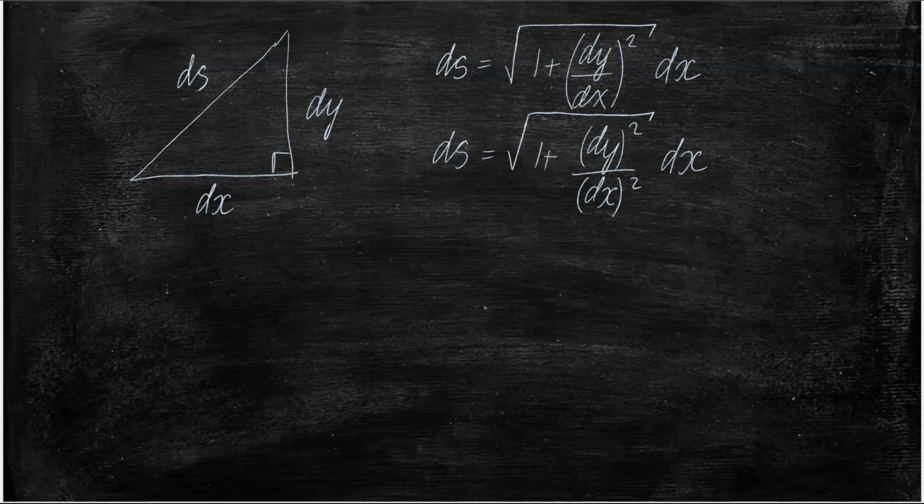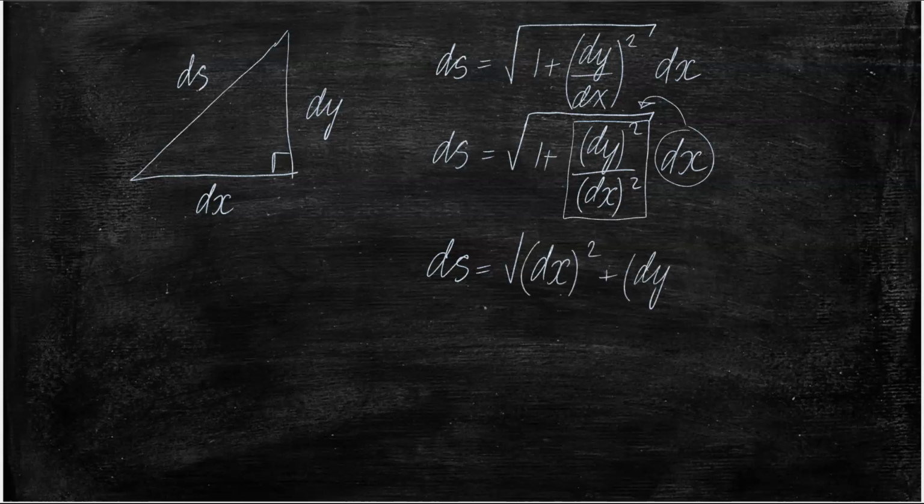What we did here mathematically makes no sense. But if visually we treat this as a variable and distribute this inside of the radical, then we're going to end up with something like this. Again, mathematically we still have to be more careful here, but visually it does make sense.